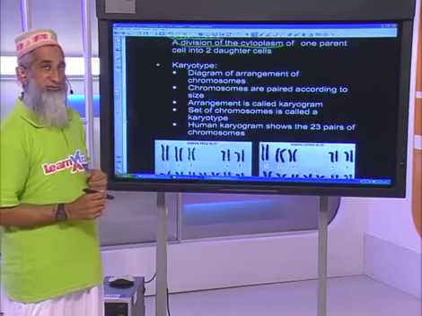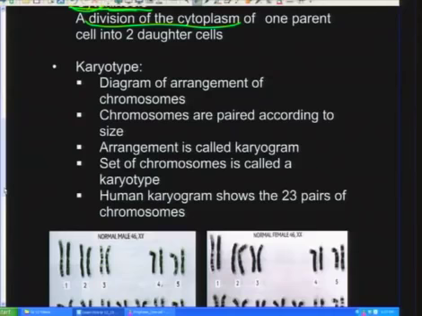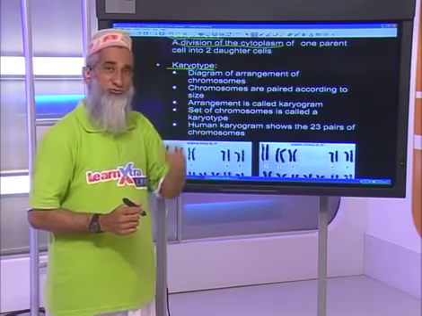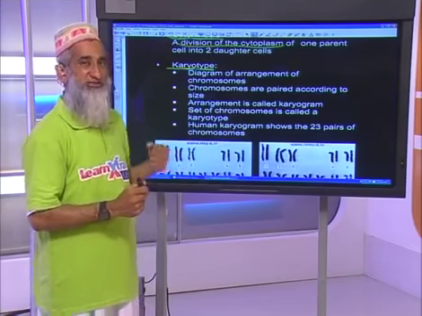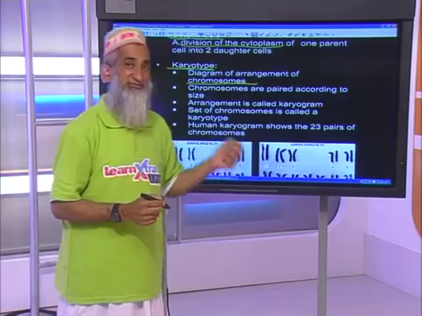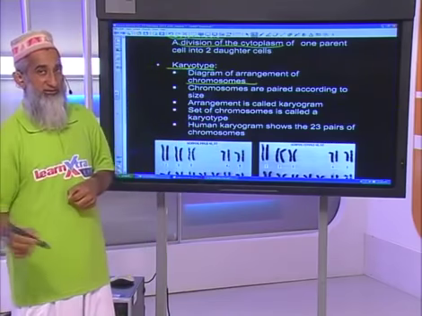We're moving on a little bit more in terms of terminology. Karyotype. Karyo coming from nucleus, type, the type of nucleus. But actually what we are talking about is how the chromosomes are arranged in the cell of this organism. So a karyotype diagram is a diagram of the arrangement of chromosomes. Some books call it a karyogram instead of a karyotype diagram.